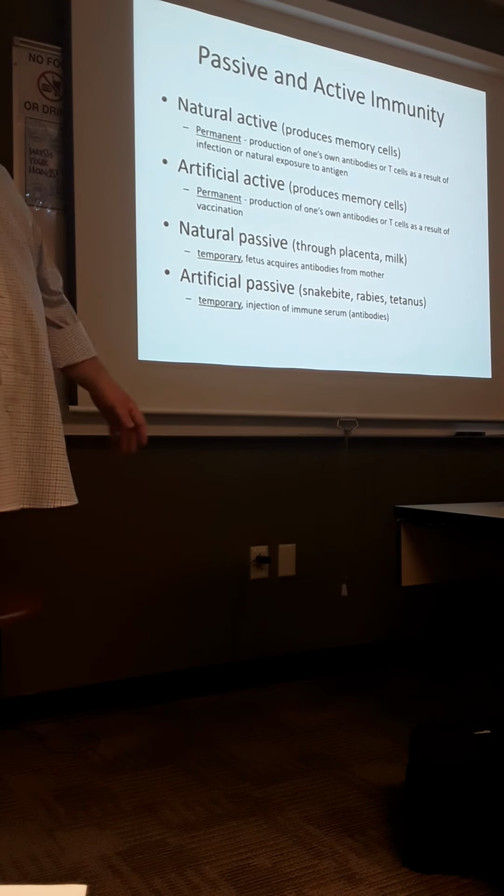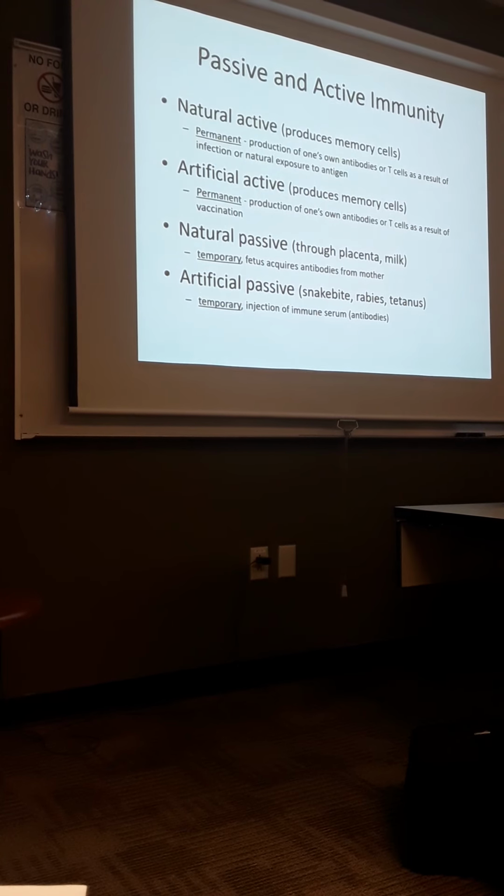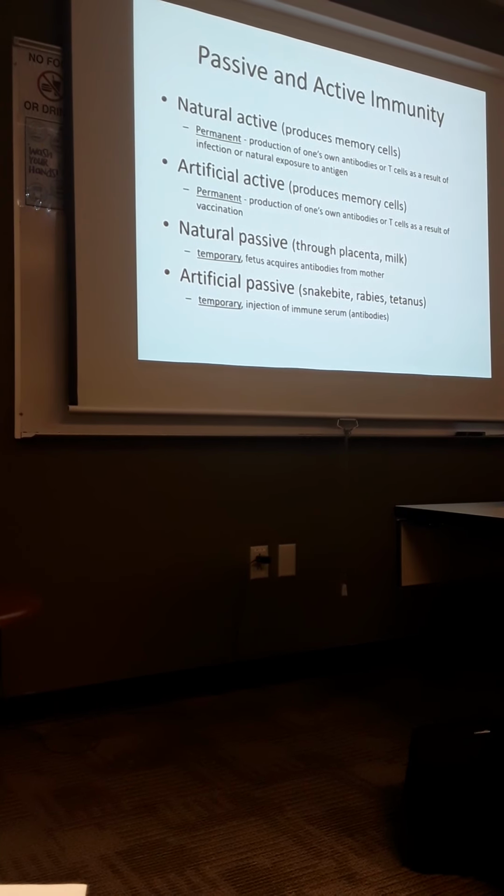Okay, question. With the flu, they always say it's a different strain every year, supposedly. So why do we still get the vaccine? There are people who still get the flu even if they got the vaccine.